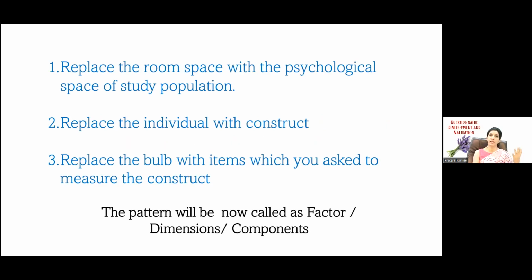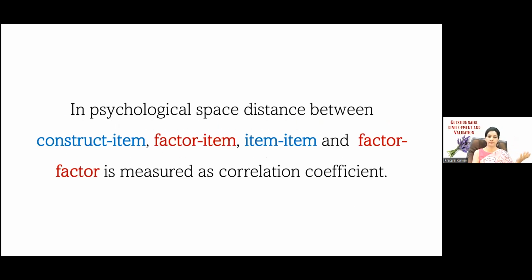Again, replace the room space with the psychological space of the study population, replace the individual with the construct, and replace the bulbs with the items you asked in the measure of the construct. So can you imagine this rotation now? There's a psychological space, which is like a room, the individual, which is the construct, and the bulbs hanging from the ceiling, those are the items.